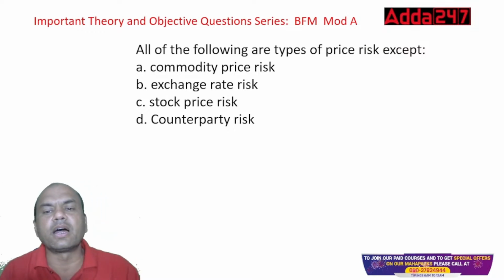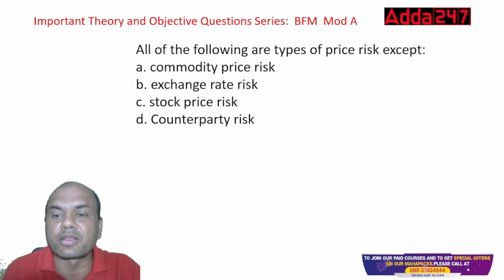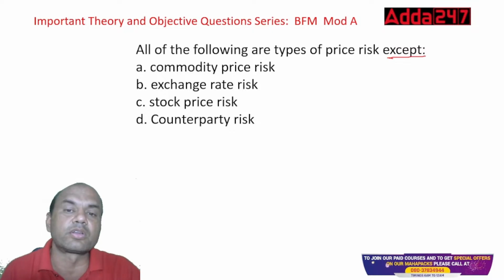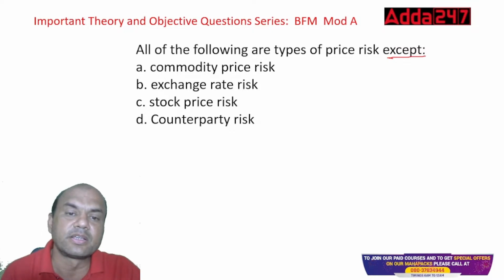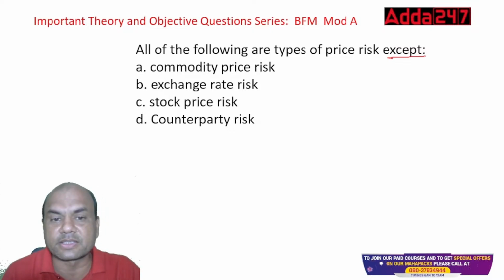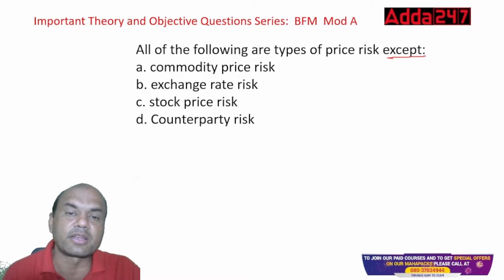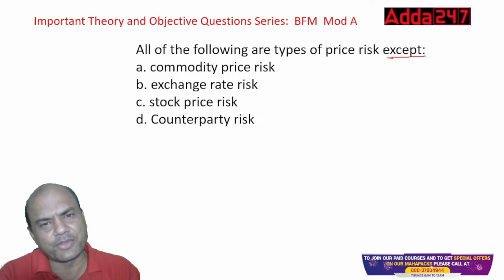All of the following are types of price risk except. Again we want except, means not the type of price risk. So all of the following are types of price risk except commodity price, exchange rate, stock price, counterparty risk. Just now I gave you.